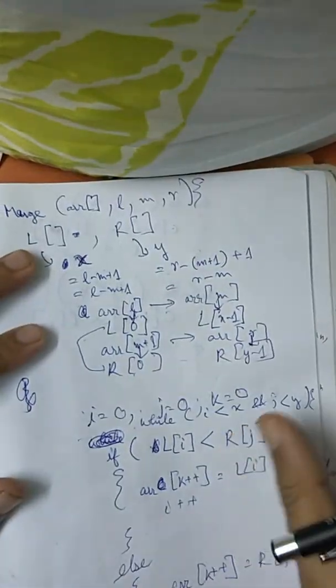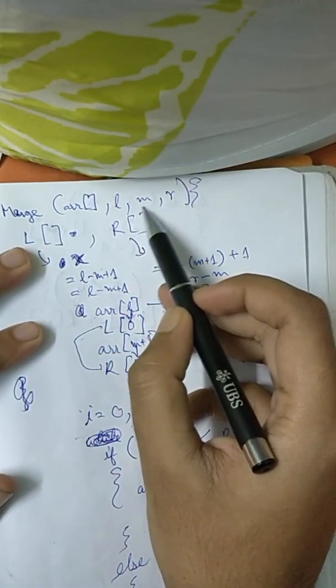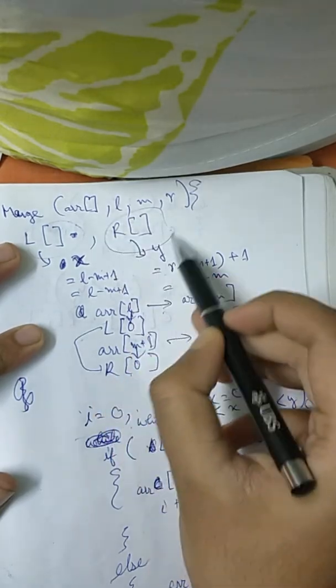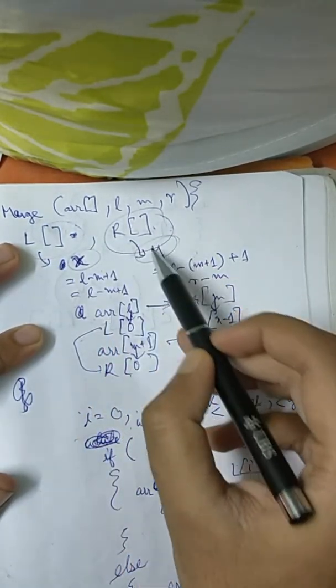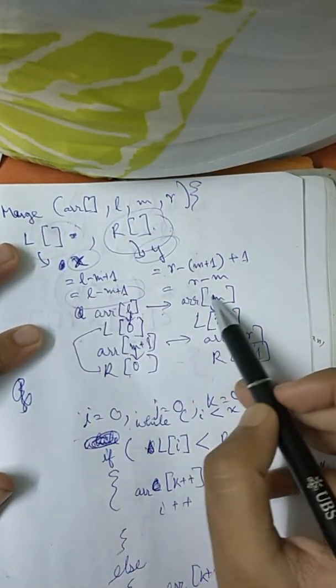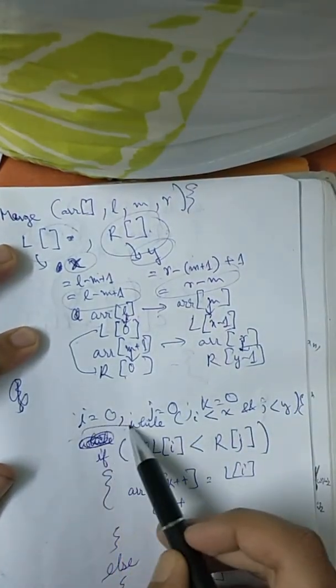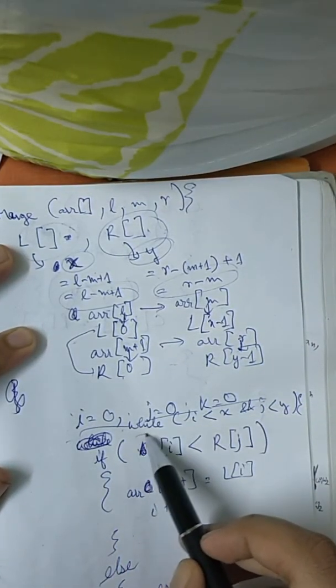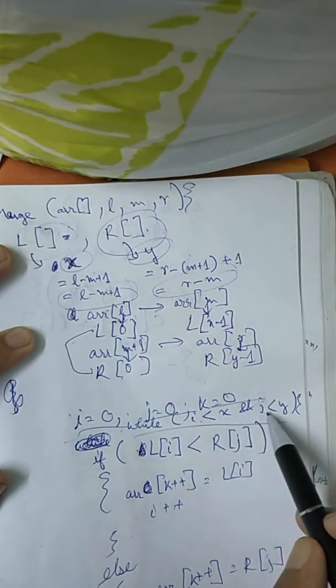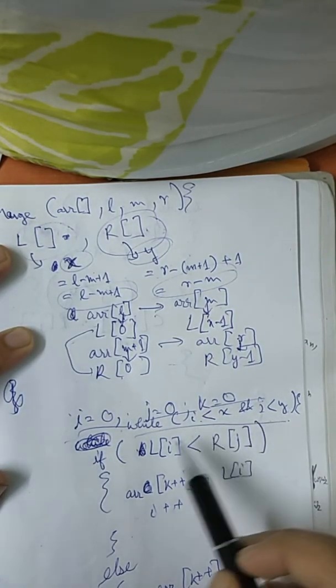So what we do in merge is first copy the left part in L and the right part in R. Their sizes are determined by x and y: M minus L plus 1, and R minus M. i equal to 0, j equal to 0, k equal to 0. Run a while loop while i is less than x and j is less than y.